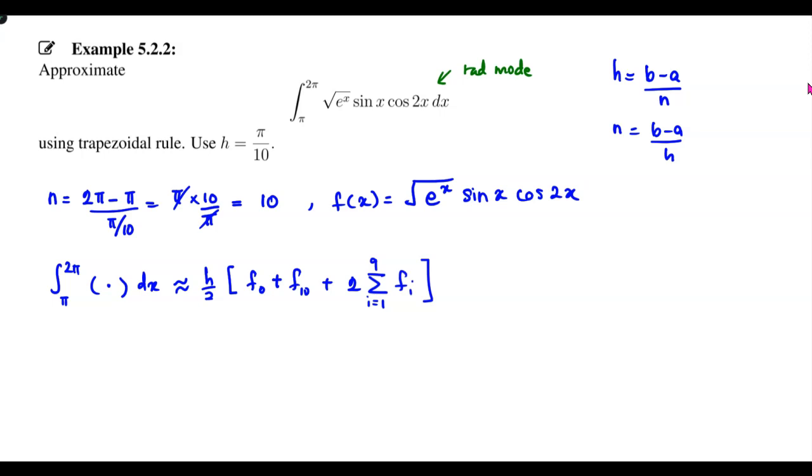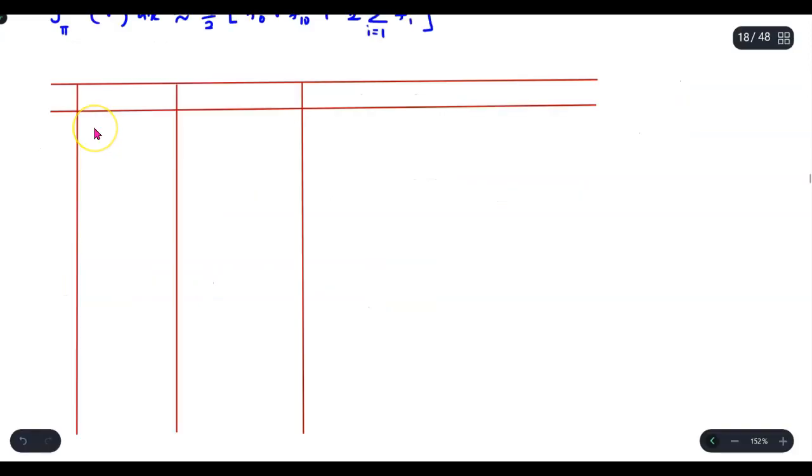Now, make a table consisting of columns i, xi, and two columns for f. Here I'm going to put the first and the last, f0 and f10.